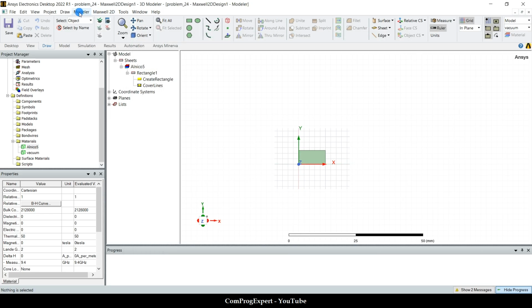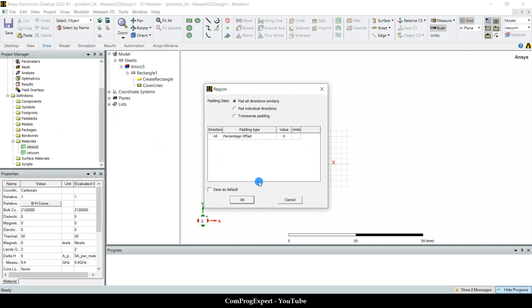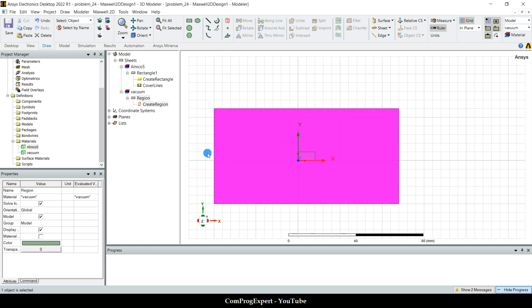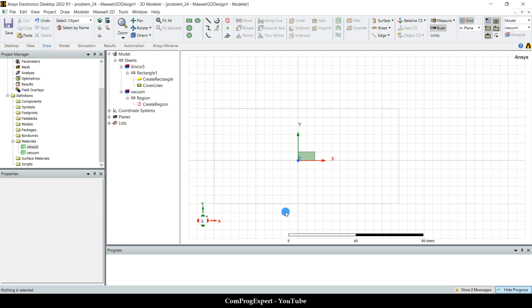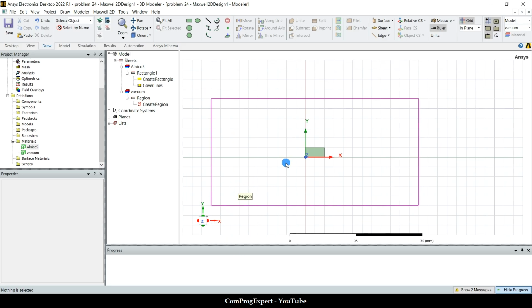So yes, let's draw a region, offset equal to 500%. This is a magnet in free air. We need to consider an enclosure with these dimensions, high enough, more than the maximum size of the magnet.